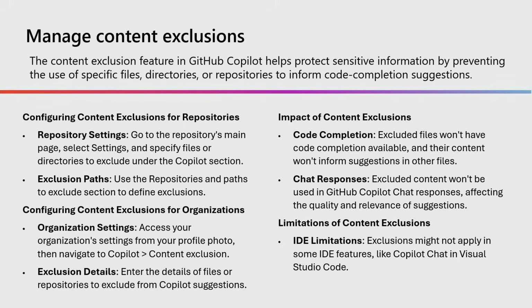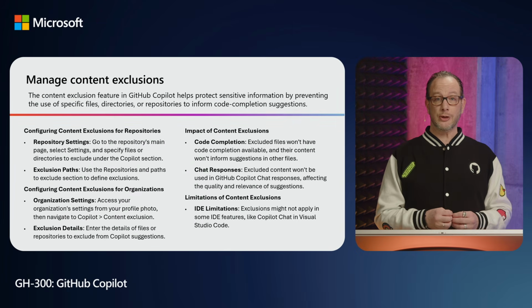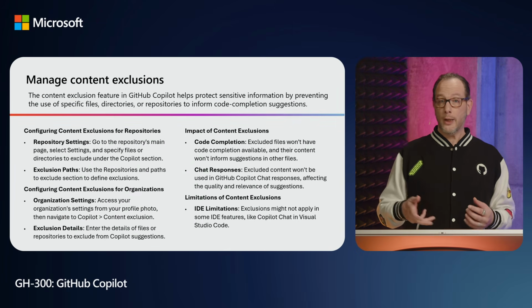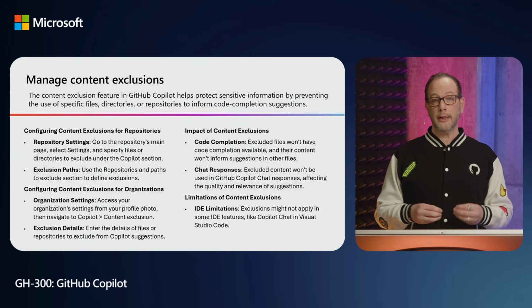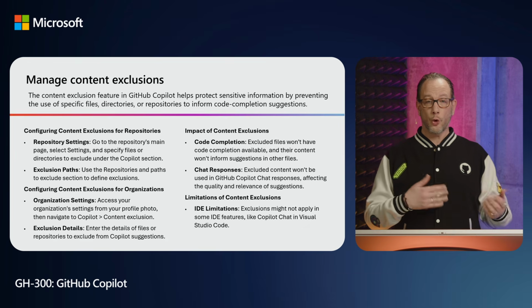When content is excluded, Copilot won't generate completions in those specific files, and that data won't be used to inform suggestions elsewhere. It's essential to understand the implications of these exclusions as well. While they help protect sensitive code, they can also reduce the relevance of suggestions in your chat or related files.